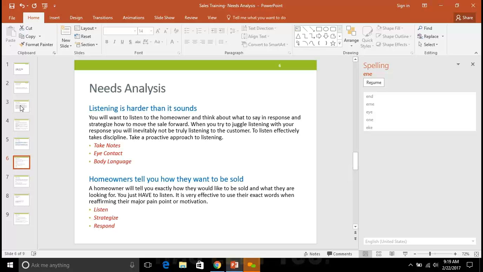So while we're listening, and we've all done this, we start to think about what we are going to say in response to these questions, how we're moving the process forward. And really what we need to do is stop. Before we start to think about the solution, we need to make sure we fully have heard everything the customer has said, what their needs and what their wants are, before we start to formulate that.